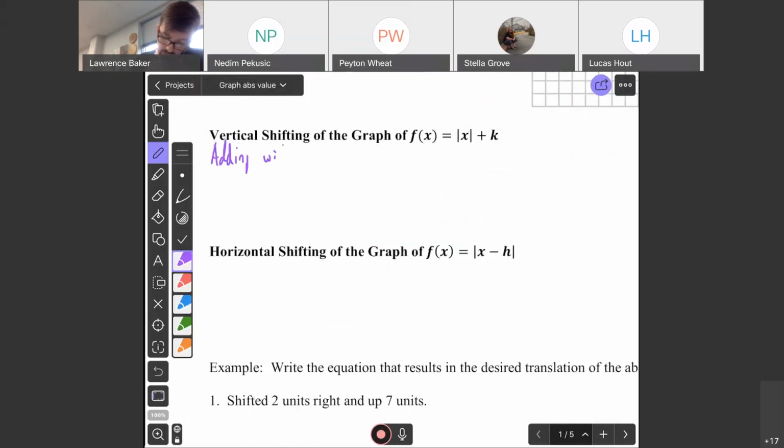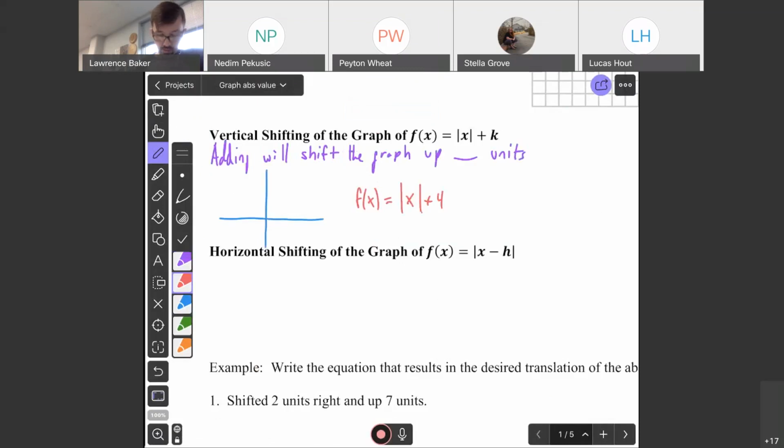So when we add, that'll shift the graph up however many units. If we sketch here, we say something like f of x equals the absolute value of x plus 4.